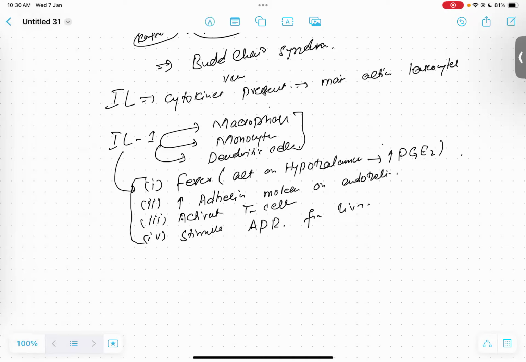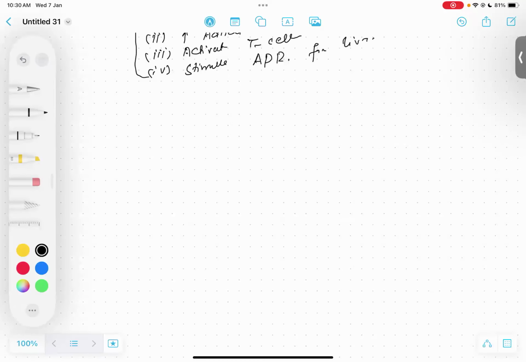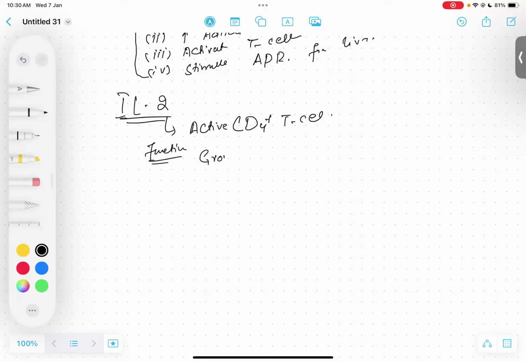The second one is interleukin 2. The source of interleukin 2 is activated CD4 T cells, and its function is as a growth factor.